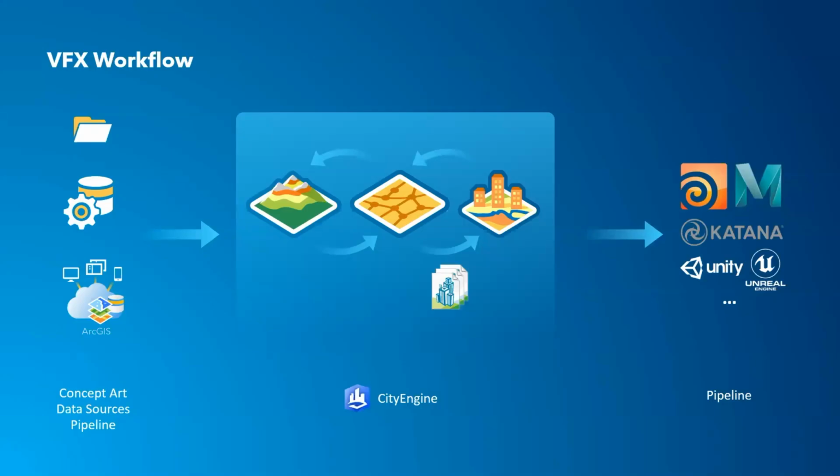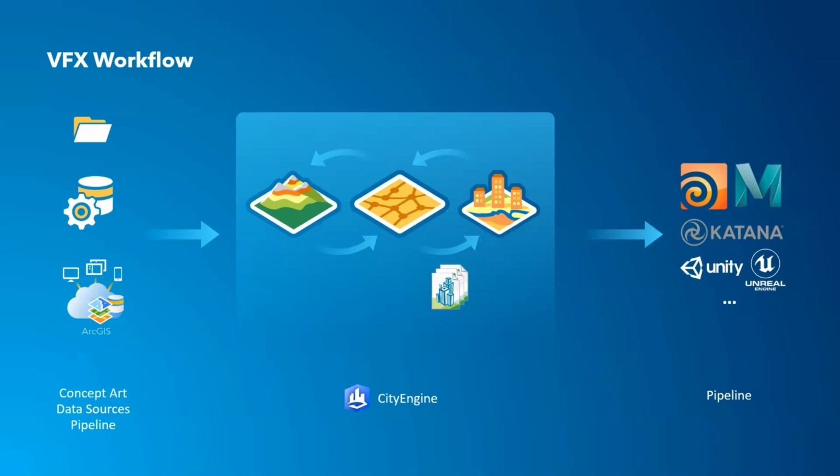Let's take a step back and look at the VFX workflow with CityEngine from a very high, bird's eye view. From there, it's actually very similar to other packages. You import data, you edit them, you export data. You have layers, as in Photoshop or Maya. The special thing about CityEngine in terms of layers is that these are all connected.